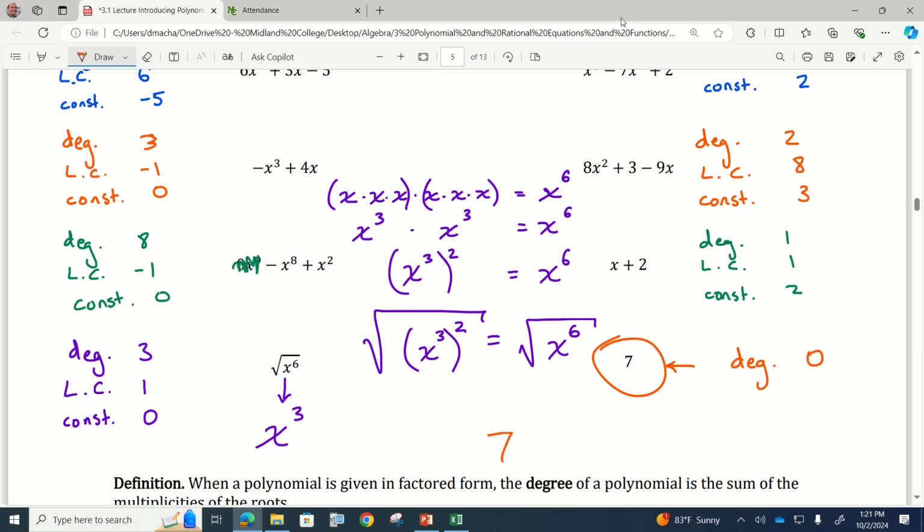Yeah, so if you just have an old number like this, the number 7, this is a polynomial. It's just a really boring polynomial with degree 0. And the leading coefficient is 7, and the constant term is 7.